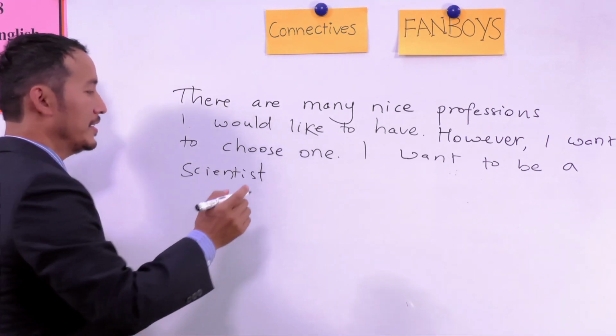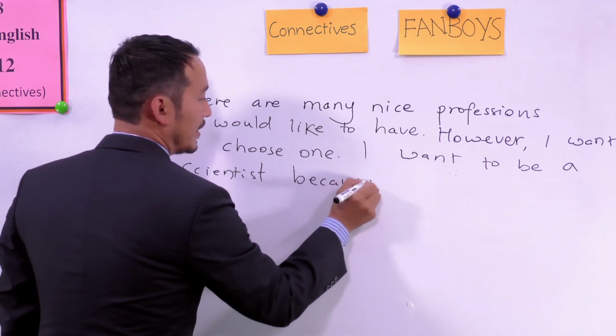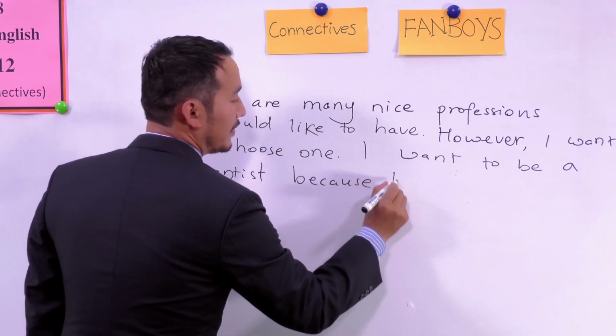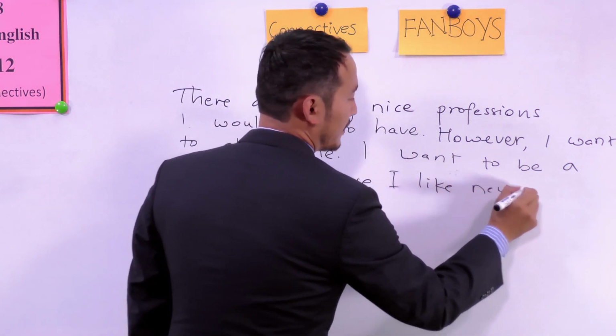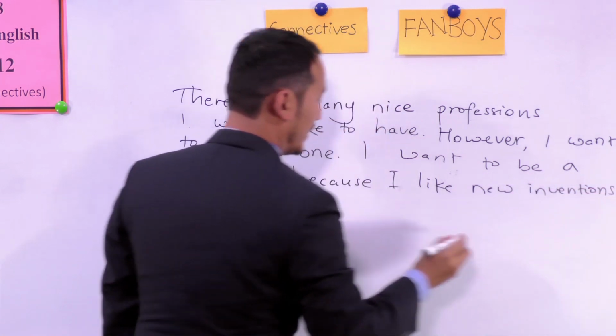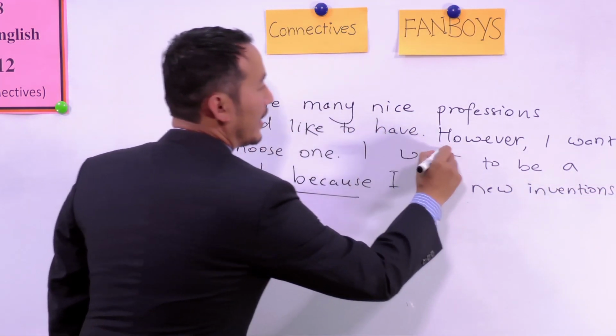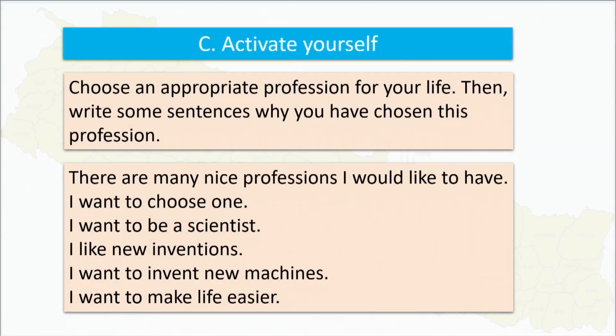There is the reason, that is, because I like new inventions. So here I have added the connectives. And the last pair of sentences are, I want to invent new machines. I want to make life easier.